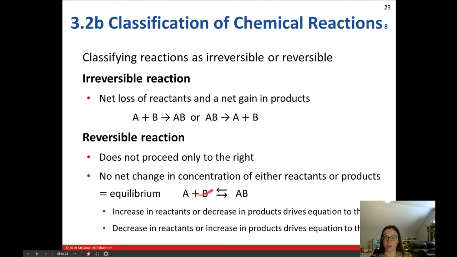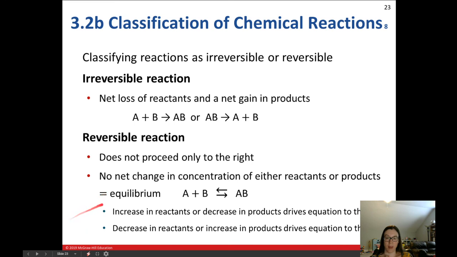If you have less reactants or more products, you're going to break down more. If you have very few individual Lego blocks left, but you have a whole bunch of models built, maybe you don't have enough room for the models, and so you're going to break those back down again. And so you're going to have a similarly sized pile of reactants and a similarly sized pile of products, and they need to stay in equilibrium.